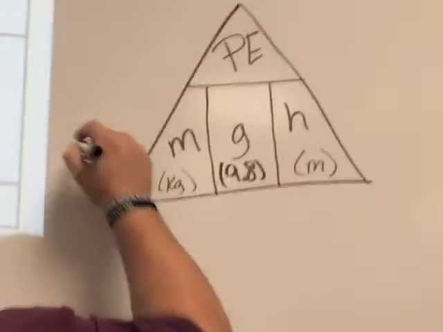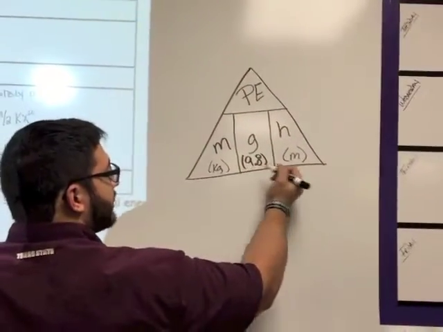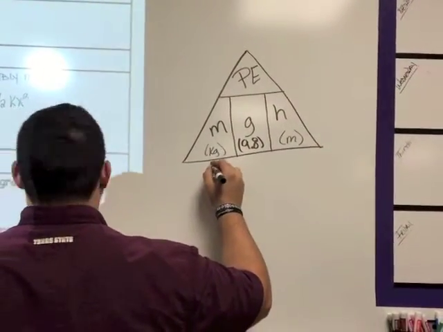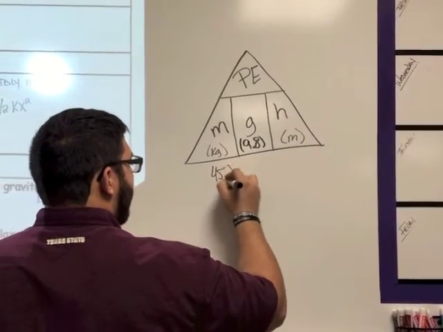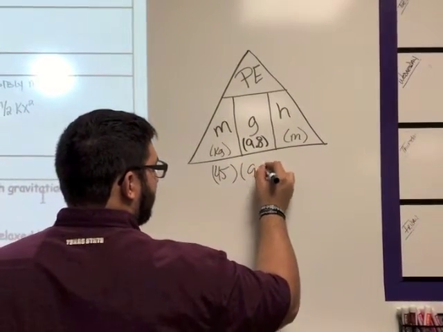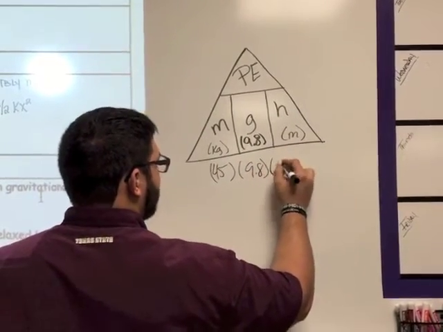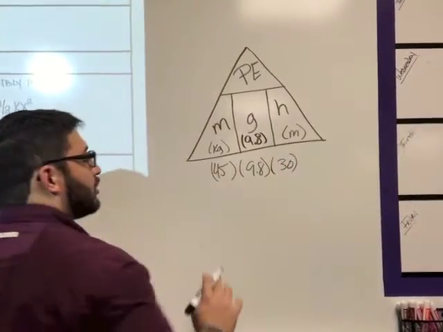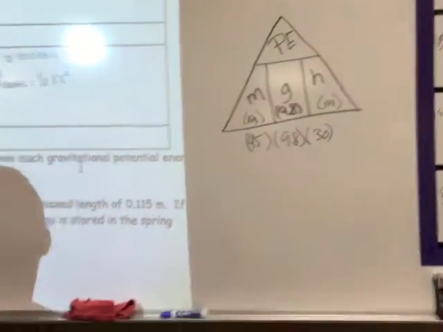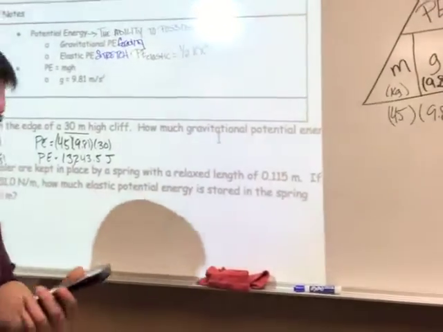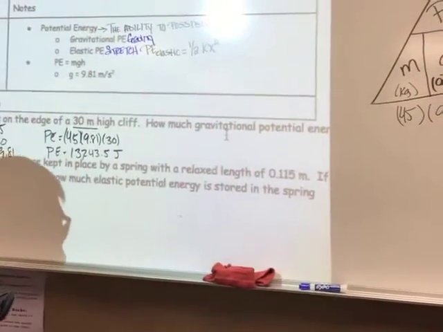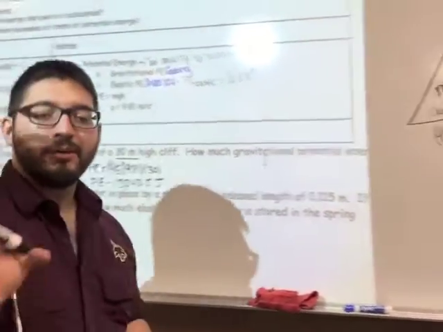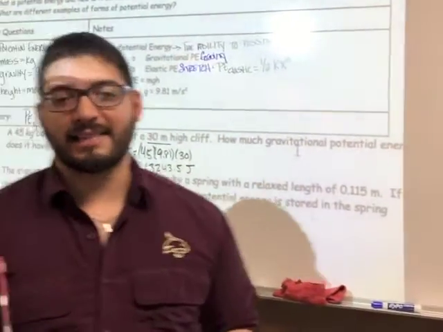So PE is going to equal mass times gravity times height. So mass was, we said, 45, multiplied by 9.8, multiplied by 30. Multiply all those three together, and you'll get the same 13,243.5 joules.